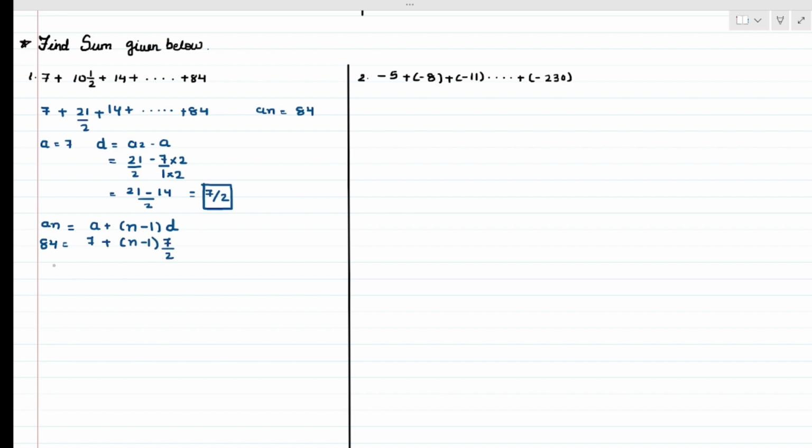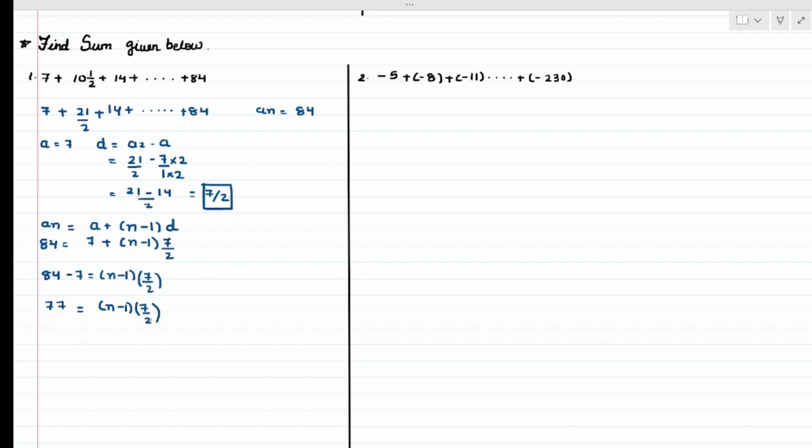Side change, sign change. That means you need to do 84 minus 7 equals n minus 1 times 7 upon 2. Now do 84 minus 7. What is 84 minus 7? It's 77.